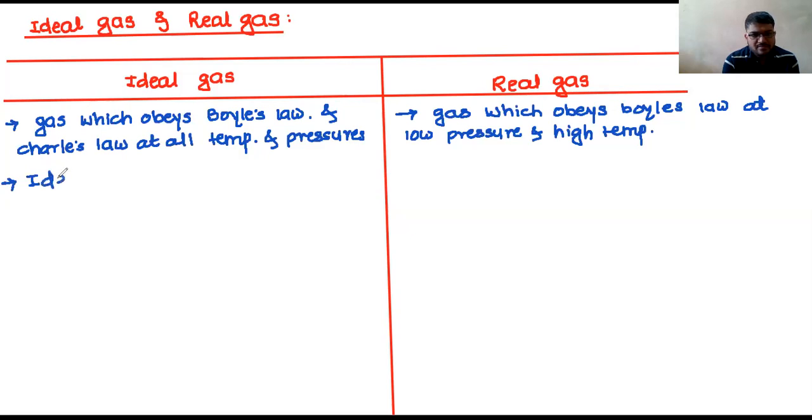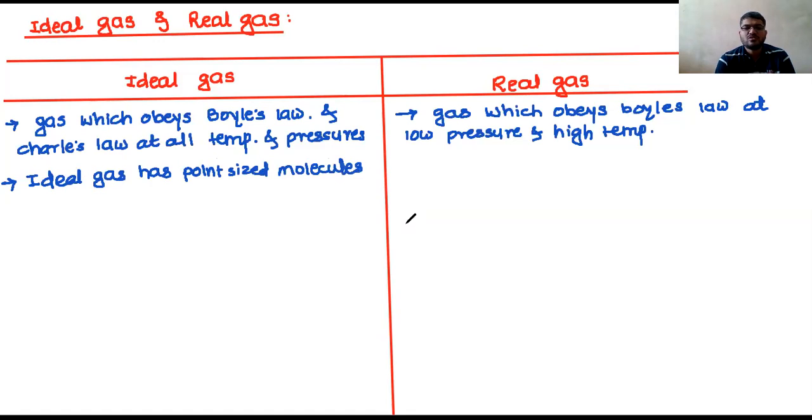Ideal gas has point size molecules. Means in this gas, the molecules are point size.